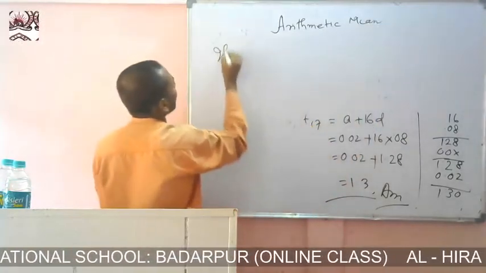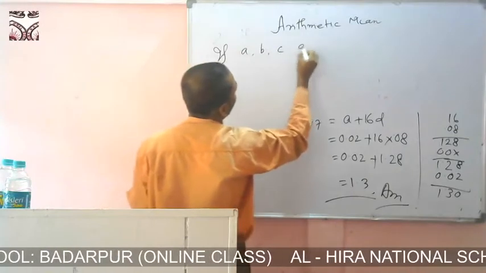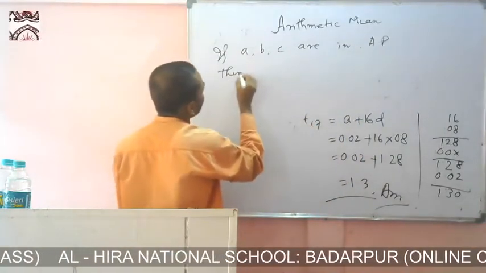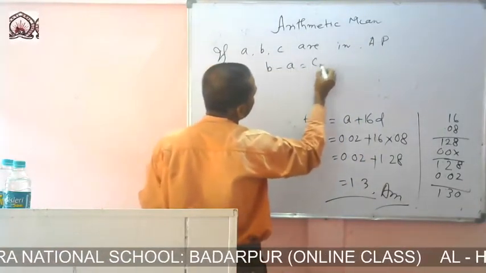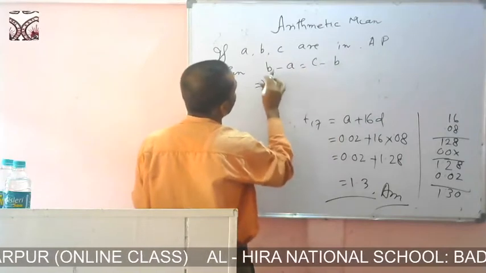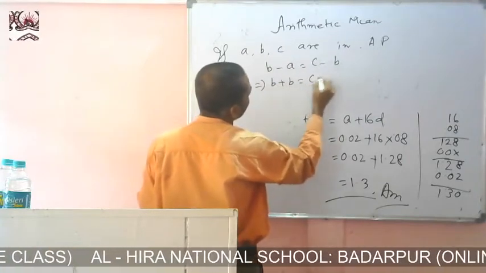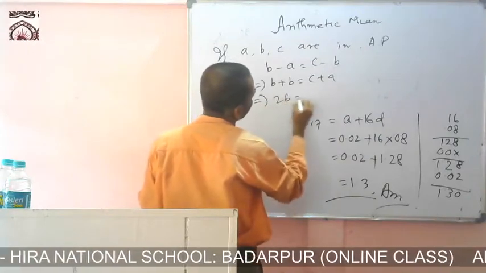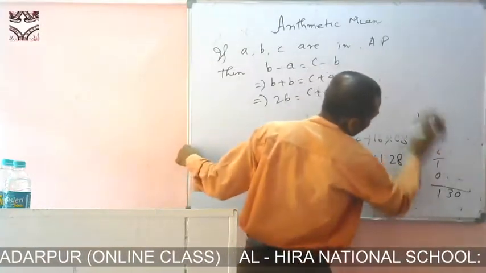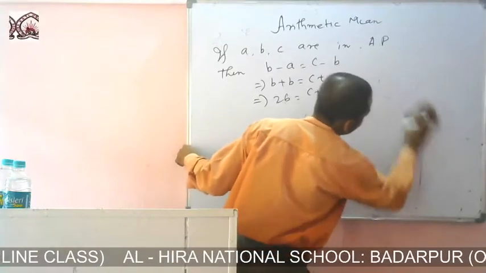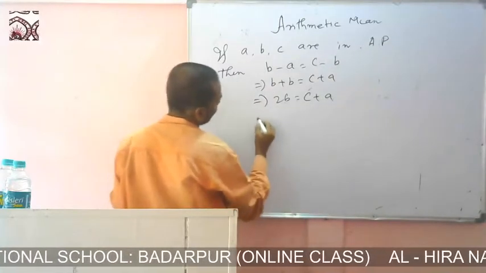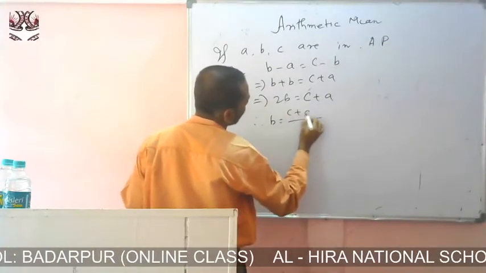If A, B, C are in AP, then definitely B minus A is equal to C minus B, so B plus B will be C plus A. Then twice B is C plus A, so B will be C plus A by 2.